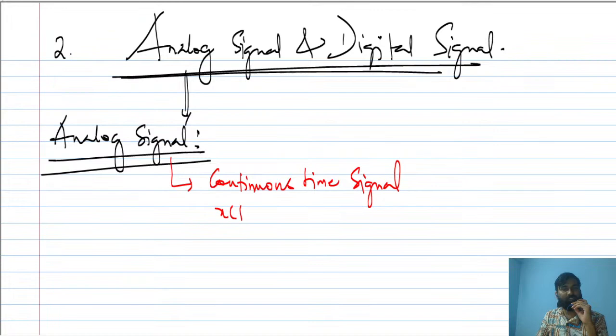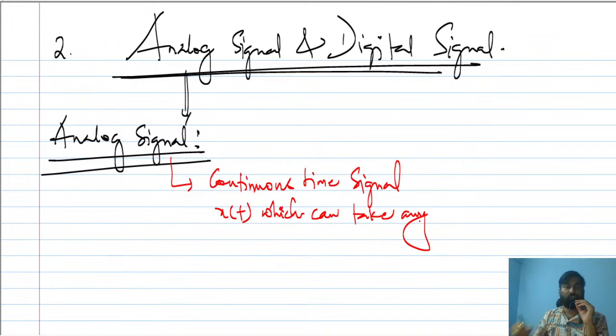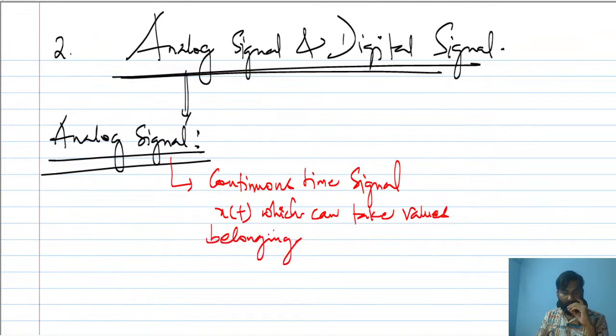You can say continuous time signal x(t), which can take any value, or which can take values belonging to an interval a and b.